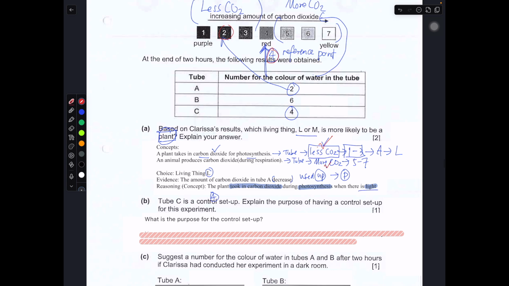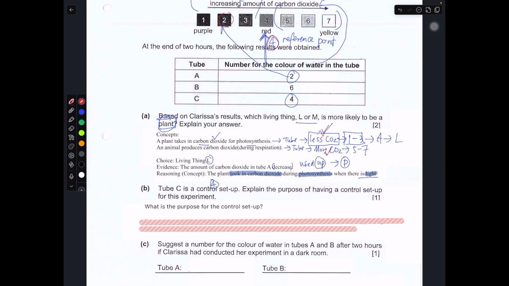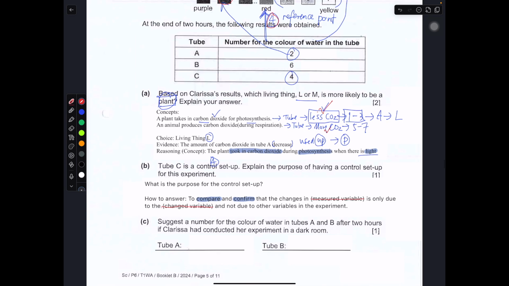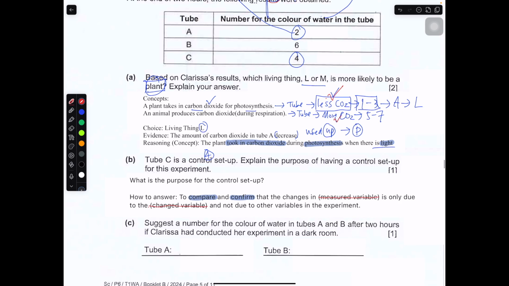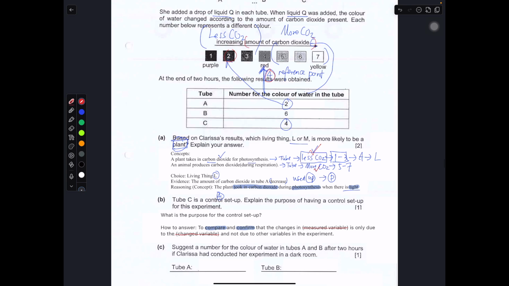So over here, what is the purpose of this control setup? There are always a few ways to write it, and this is one way. You can say the purpose of the control setup is to compare and confirm that the changes in the measured variable are only due to the changed variable, and not due to other variables. The measured variable here will be the amount of carbon dioxide.